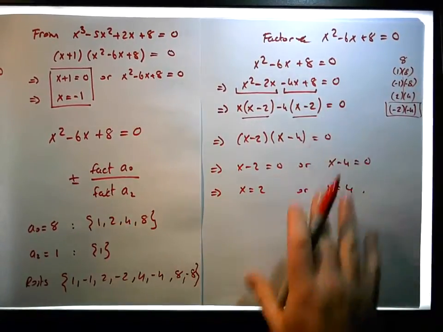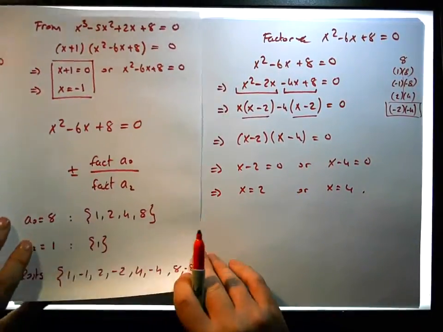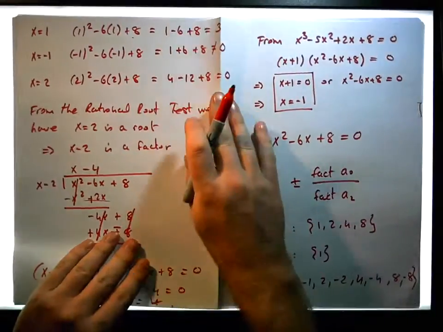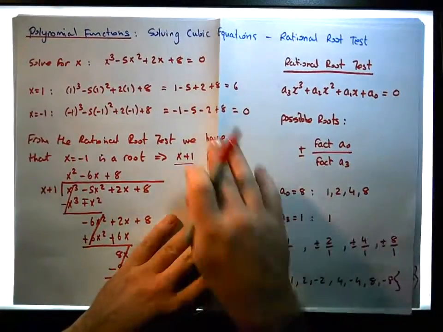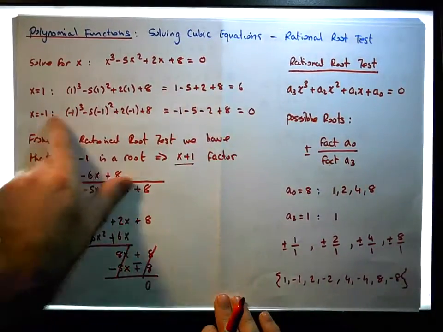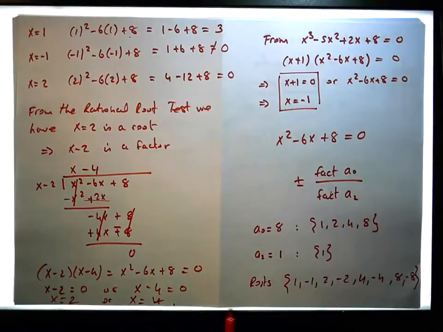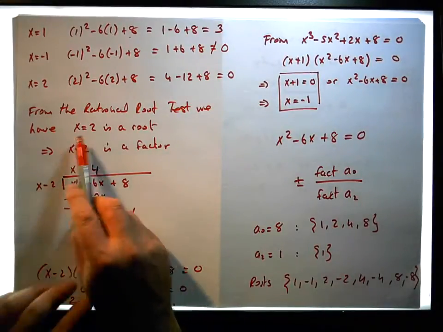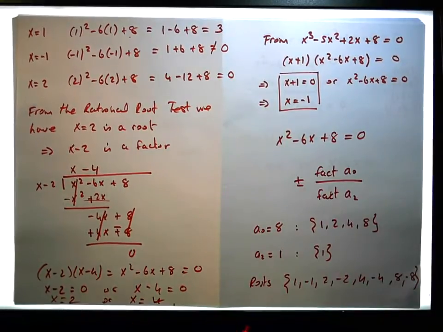So either way, what we've done is we found the roots of this particular polynomial. The first root that we found was x is equal to minus 1, and then when we continued on, we found two more possible roots. We had x is equal to 2, and then when we divided that in, we ended up with x is equal to 4.